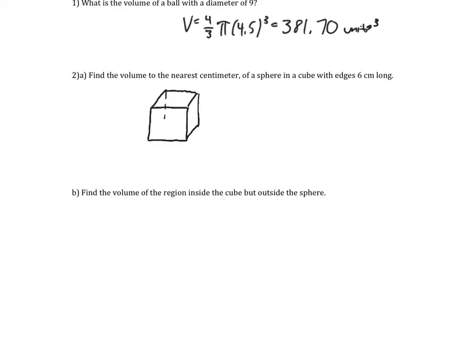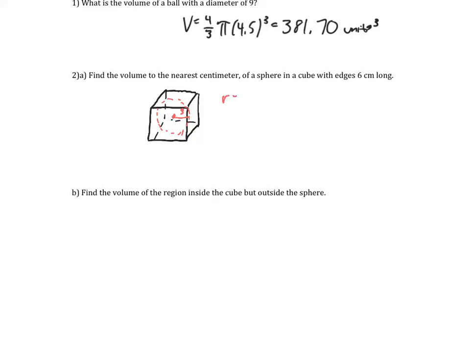Right, so we've got that in the back. And then inside, if I can draw this, right, we've got a sphere that's touching all the sides. So if that's the case, and there's my radius that's touching one of the sides, the radius should be half the length of an edge, so it should be 3.